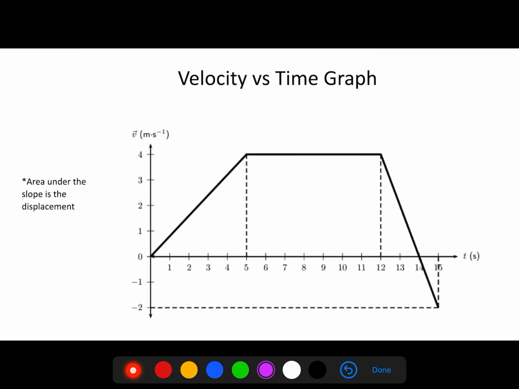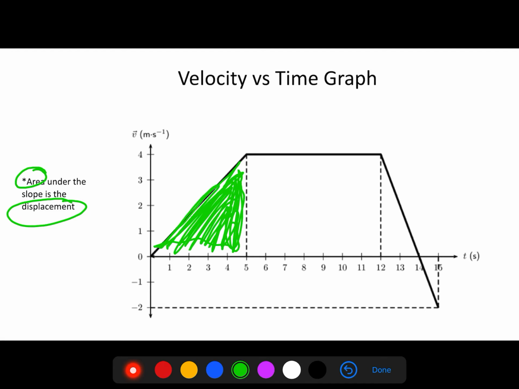All right, the last thing that I want us to look at is the area. So when we're looking at a graph, the area under the slope is the object's displacement. So this right here can be used from a graph to tell me the displacement of the object. So this object went from 0 to 4 meters per second in 5 seconds time.